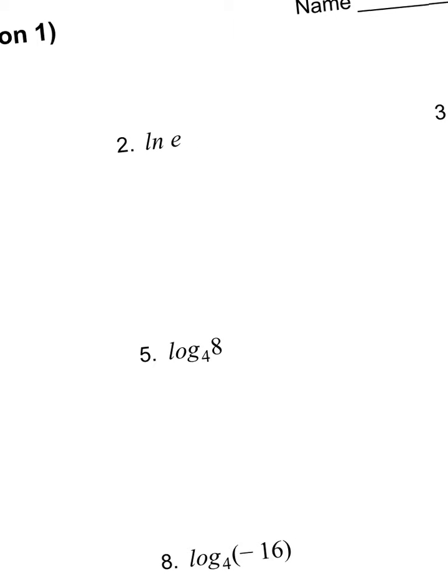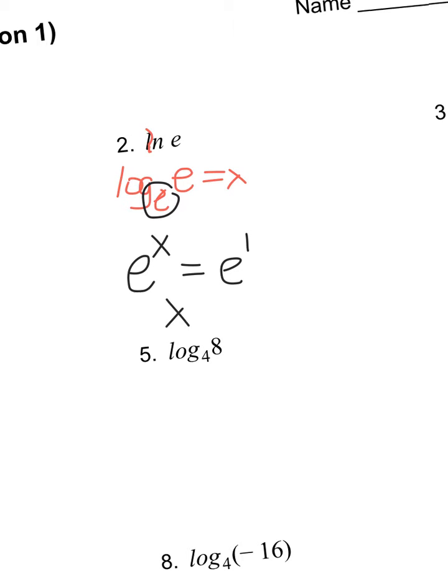We know from class that ln is the same thing as log with a base of e. So we're trying to find log base e of e, and that's equal to something. So e to the x is equal to e. Well, there's really a 1 there, so that means x is equal to 1.